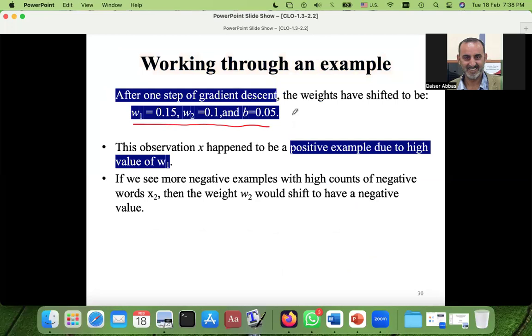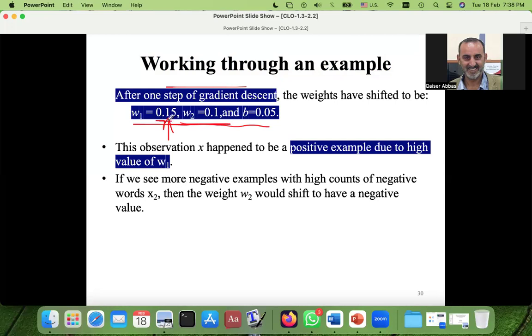So after one step, the weights are shifted from 0 towards the positive class. Towards what? Positive class. And if you move on like that with further positive examples, then this weight will be higher.